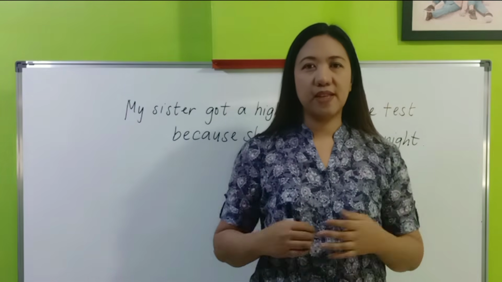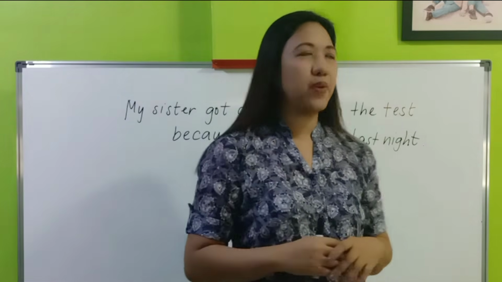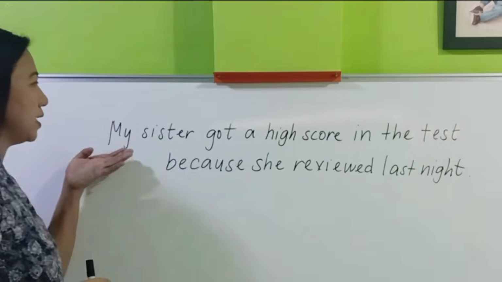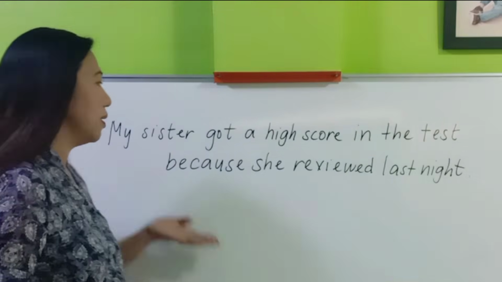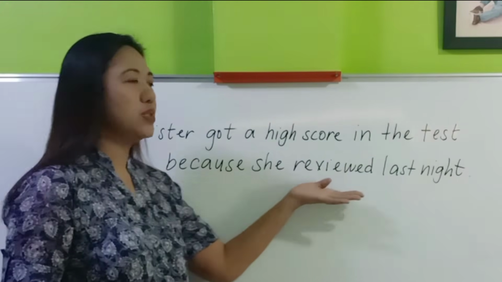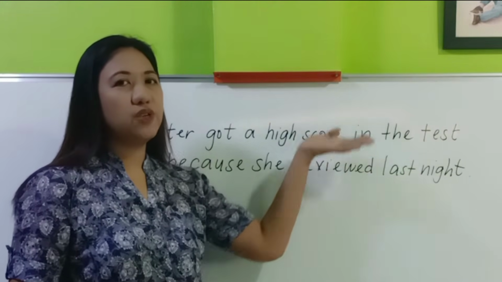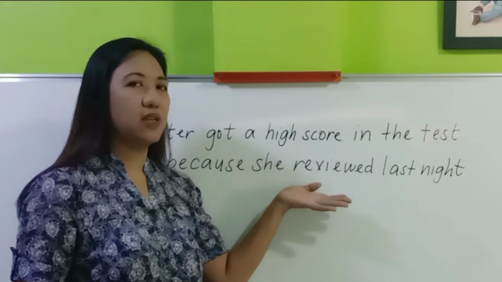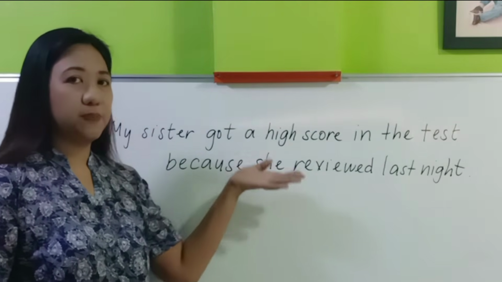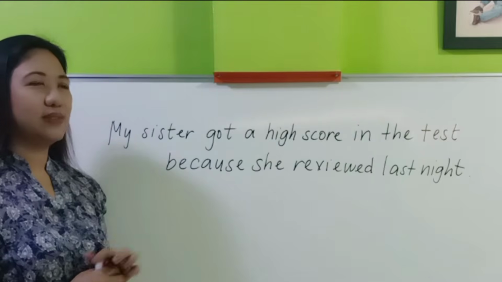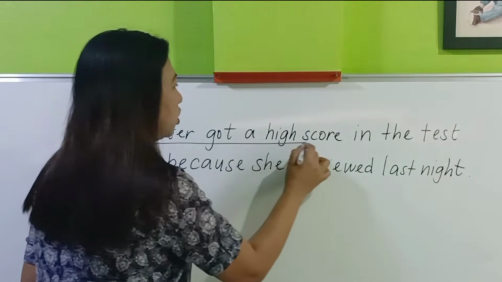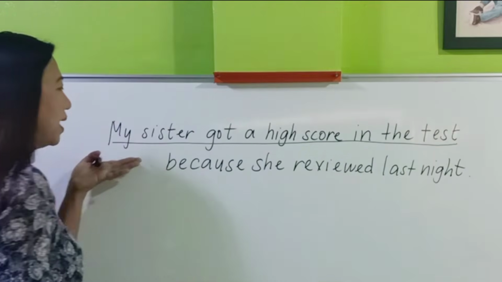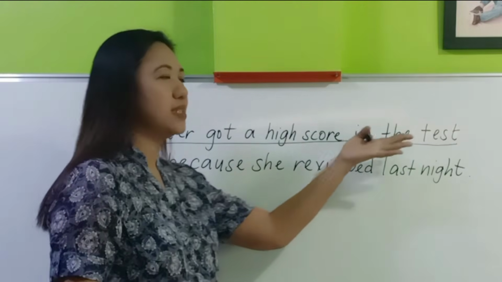So for you to understand better, let's have this example. My sister got a high score in the test because she reviewed last night. Which do you think is the independent clause and also the dependent clause? So this is now the clause which is independent. My sister got a high score in the test.